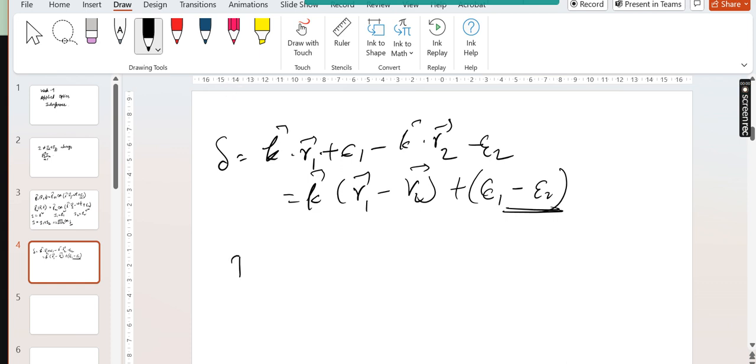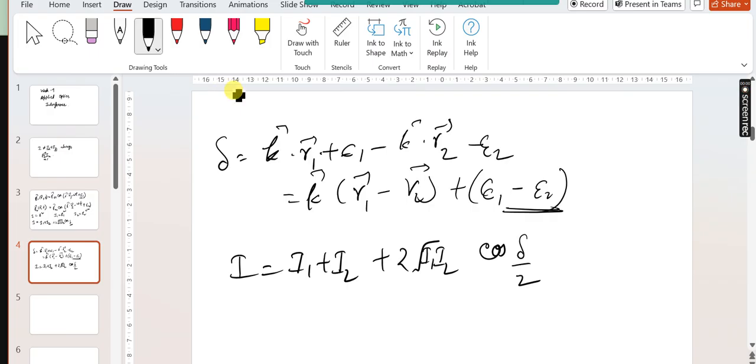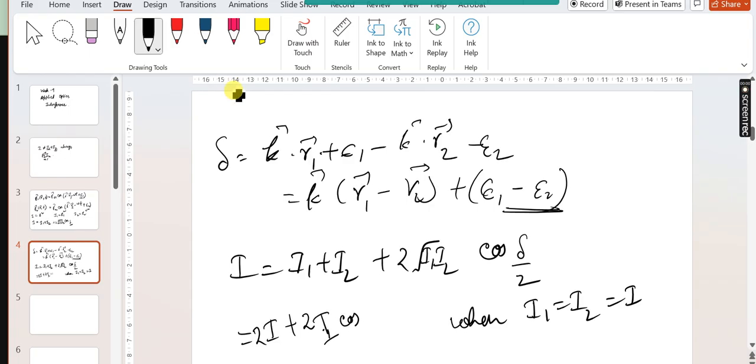So I becomes I1 plus I2 plus 2 root over I1 I2 cos delta. When I1 is equal to I2 is equal to I naught, it becomes 2I naught plus 2I naught cos(k(r1 minus r2) plus epsilon 1 minus epsilon 2).